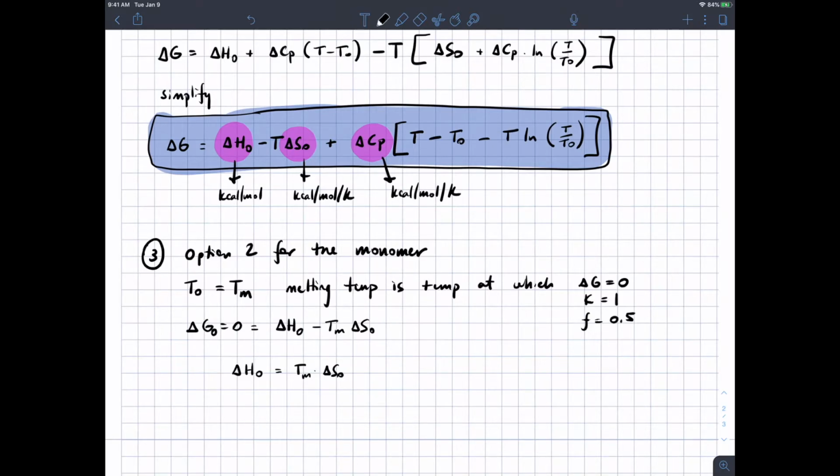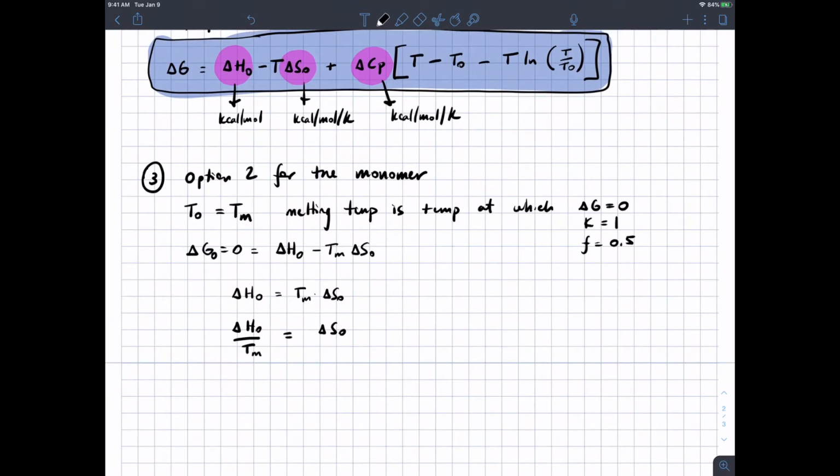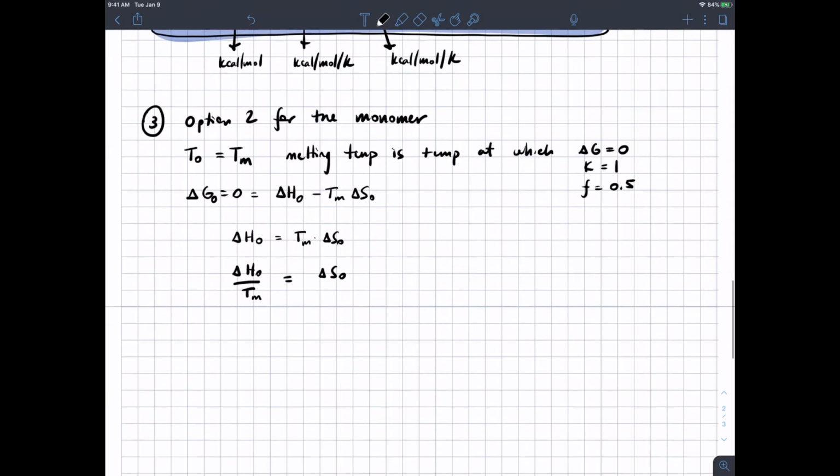Or alternatively, delta H divided by Tm equals delta S. What this basically means is if you're at the melting temperature, once you know enthalpy, you already know entropy.